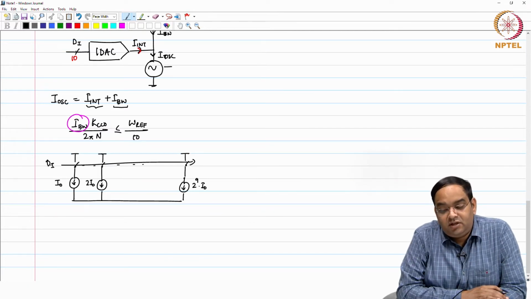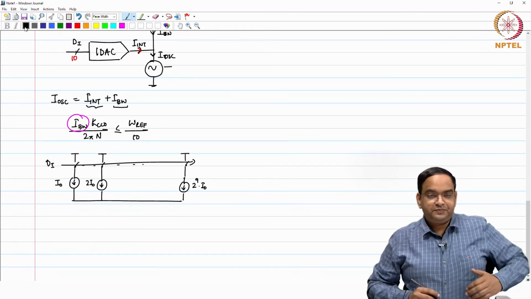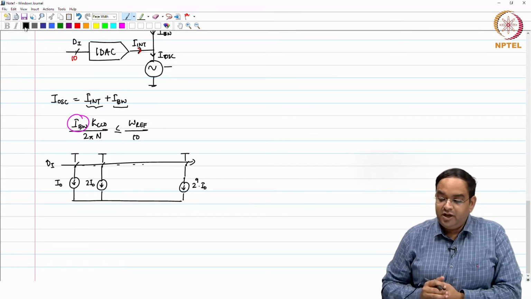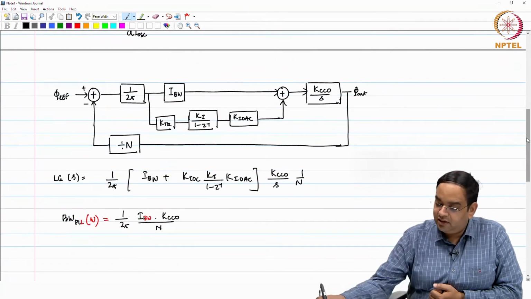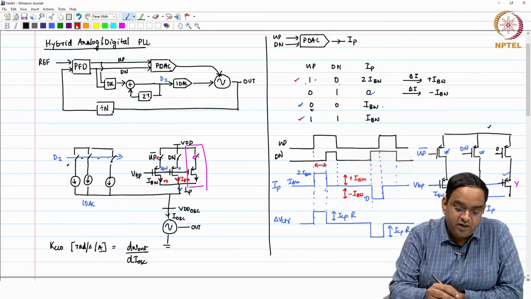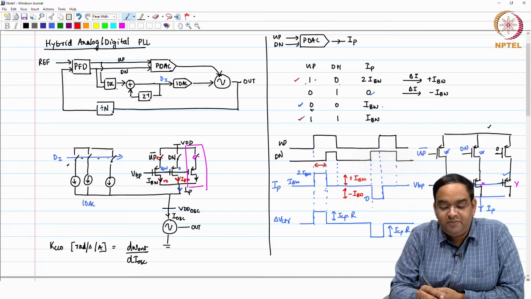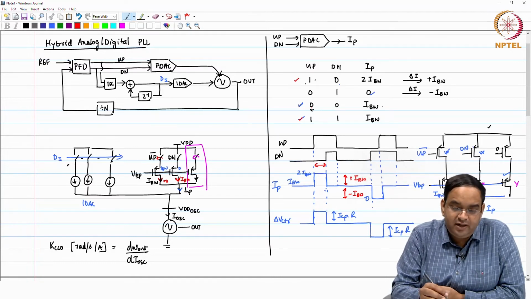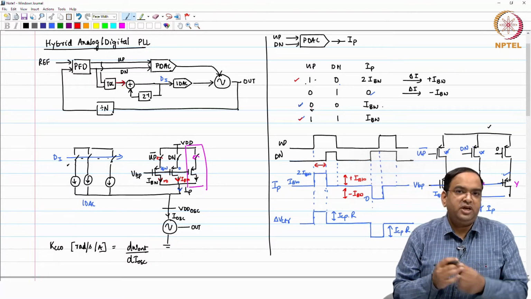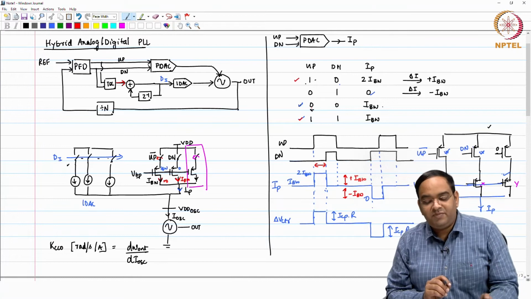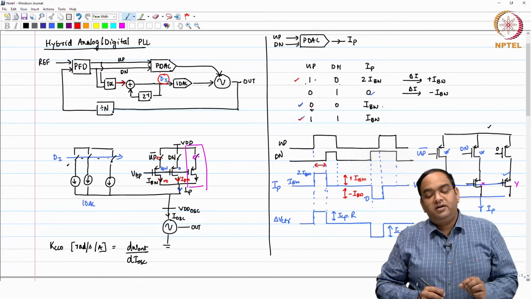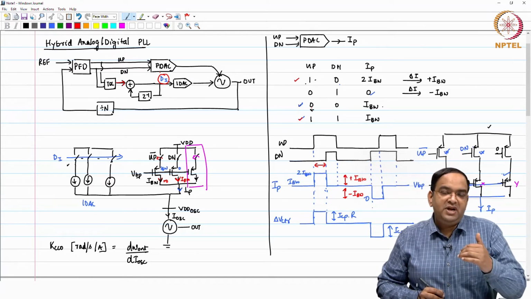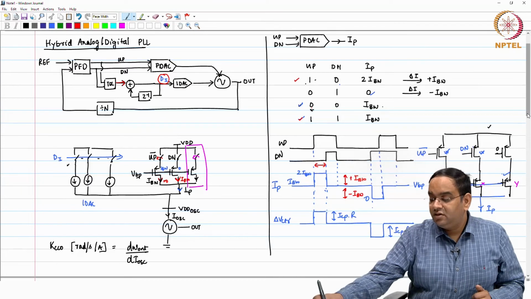Now, the problem here is the following: in steady state, your TDC, which you have seen before, will keep on flipping. If you use a 1-bit TDC or any other in the locked state, the TDC output keeps flipping between 1 and 0. Even the last bit will keep flipping between 1 and 0, which will keep changing your current, or your DI, by a minimum of plus minus half LSB.